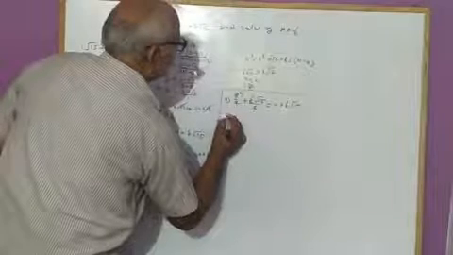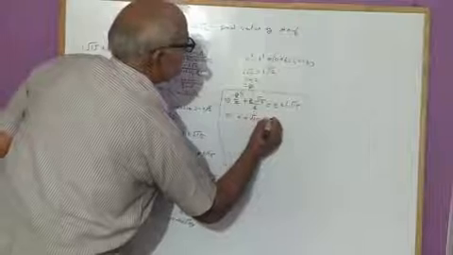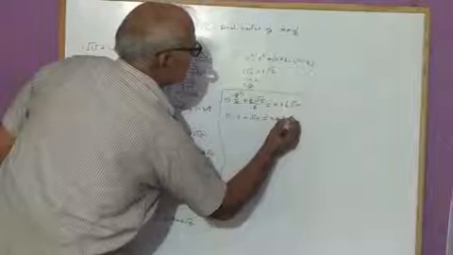So this implies 4 plus root 15 is equal to a plus b root 15.